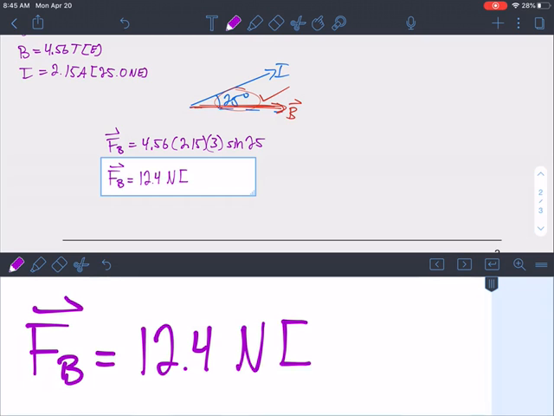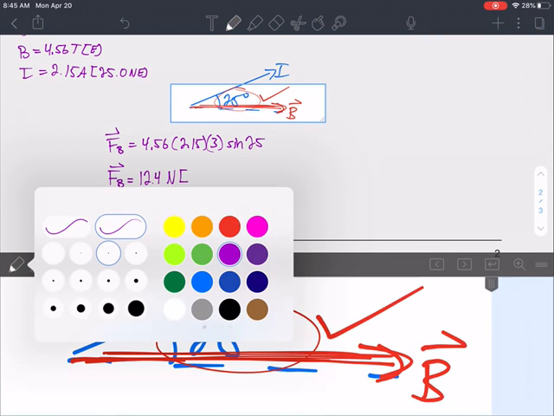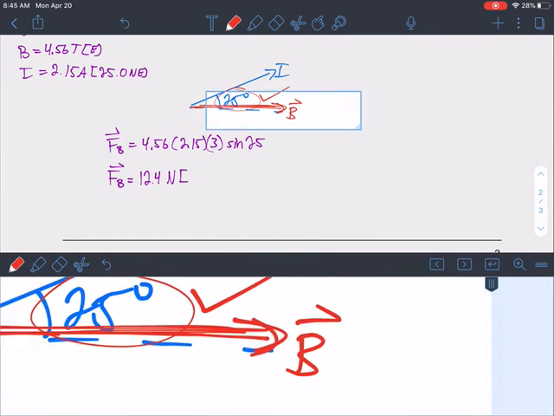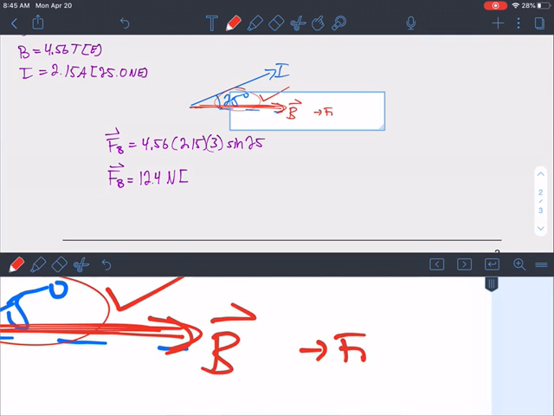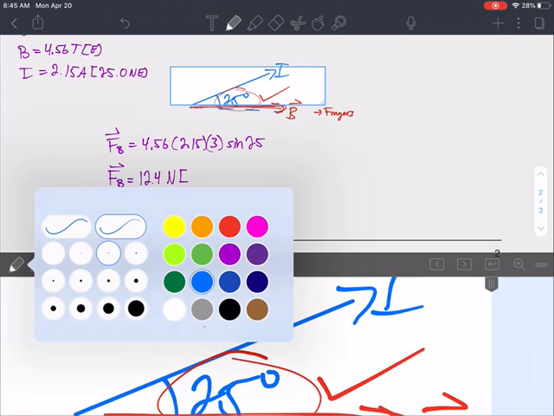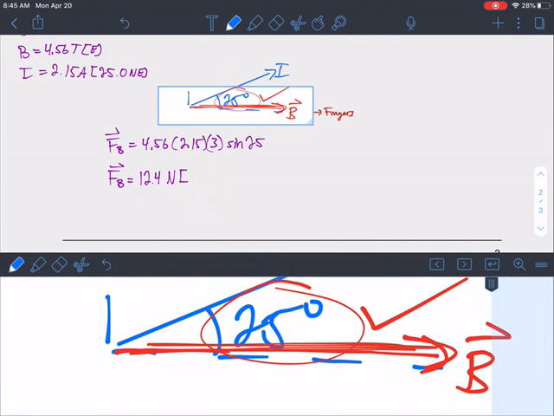Once again, fingers in line with the magnetic field, so fingers are pointing this way, and thumb, which component is perpendicular? Even though it's not much of it, this is our thumb.